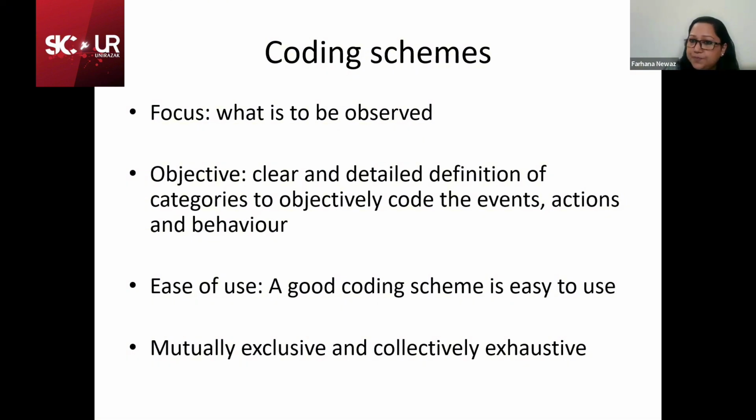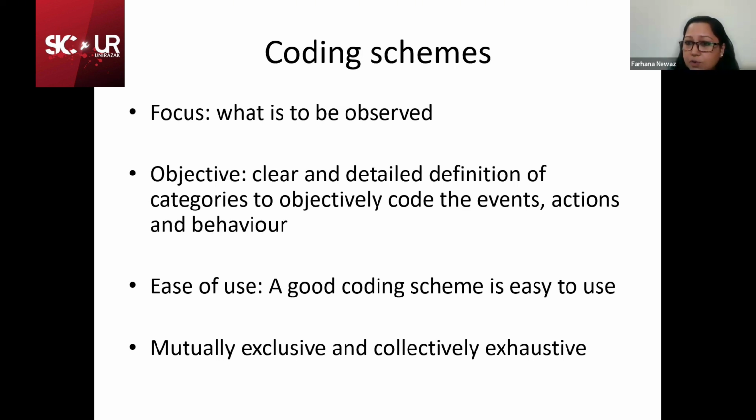Then you need to have some objectives. When you give the code to those activities, those activities should be very clear, and each should have a very detailed definition. The way you code the activities should be easy to use. So a good coding scheme needs to be easy to use and user friendly, right?